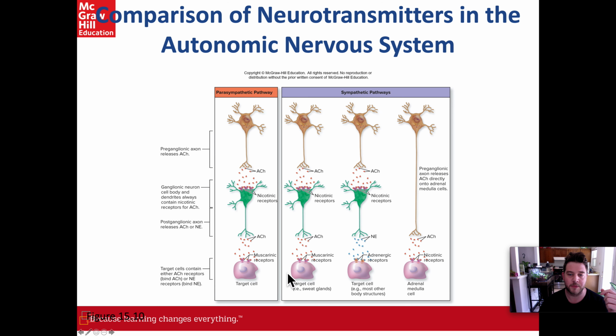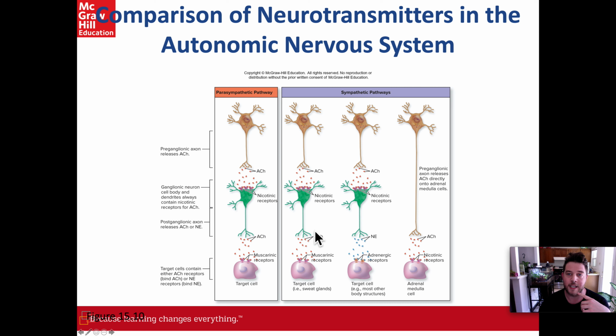So here is just a picture summary of that. You have your parasympathetic pathways. Again, all of the preganglionic ones are going to release acetylcholine. It's in the postganglionic that things start to get a little bit different. Our parasympathetic is still going to be releasing acetylcholine, because all parasympathetic are cholinergic.